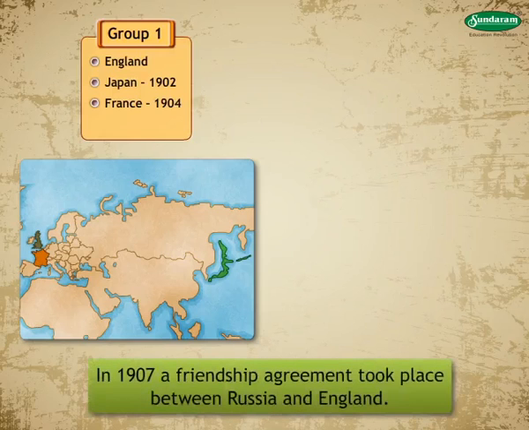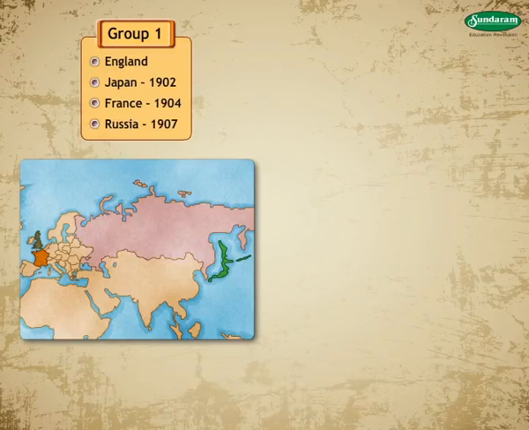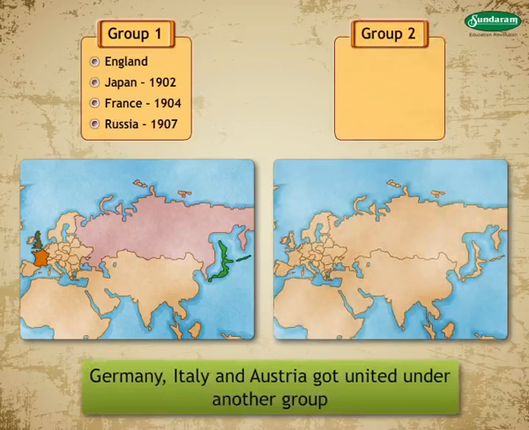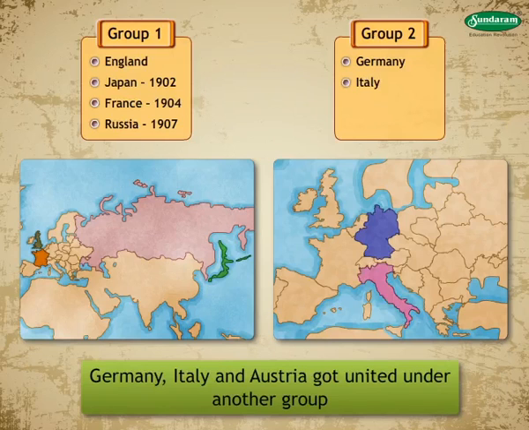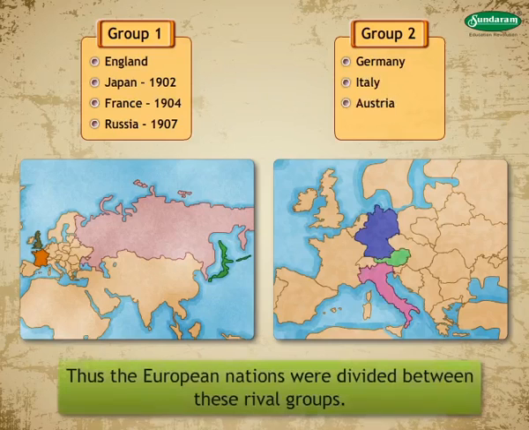In 1907, a friendship agreement took place between Russia and England. On the other hand, the nations belonging to Central Europe, namely Germany, Italy and Austria, got united under another group. Thus, the European nations were divided between these rival groups.